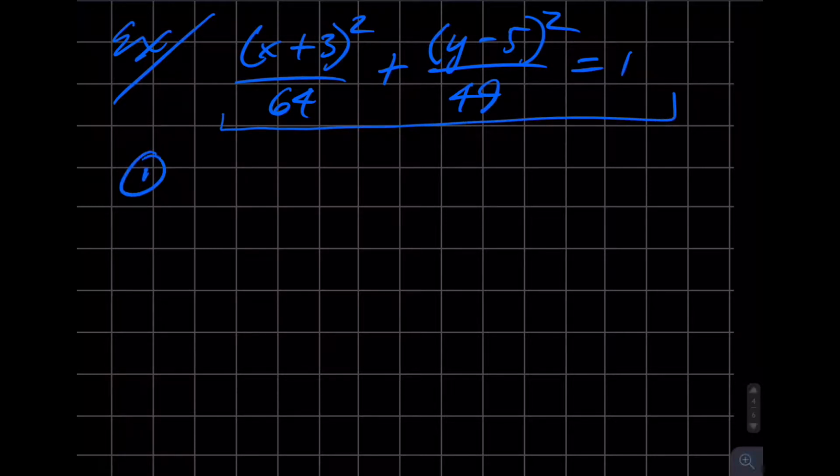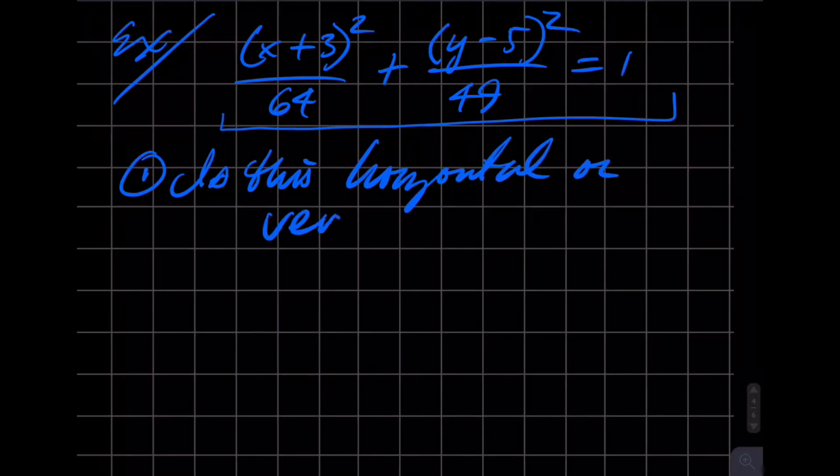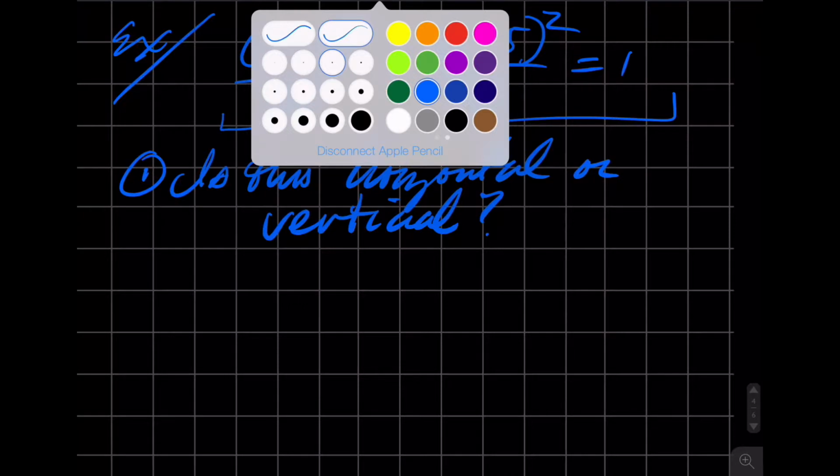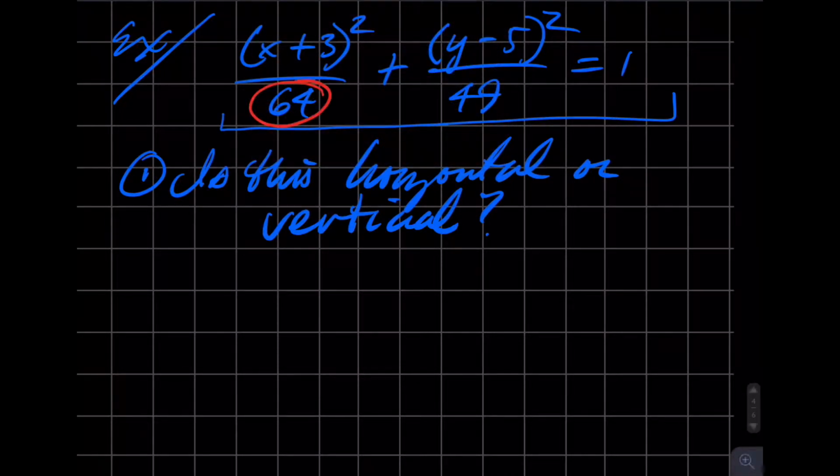And again, whether you're talking about the ellipse, the parabola, or the hyperbola, the first question should always be: is this horizontal or vertical? For the ellipse, I look to see which of these two values is greater.